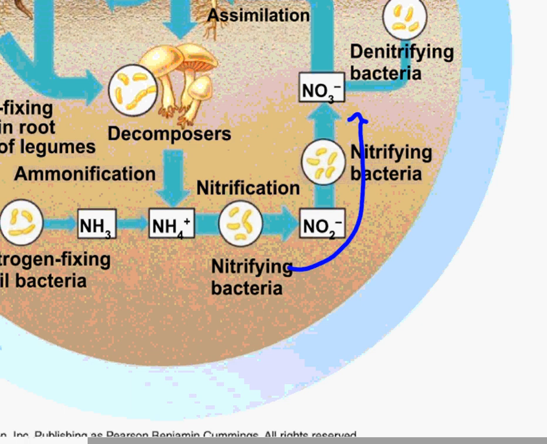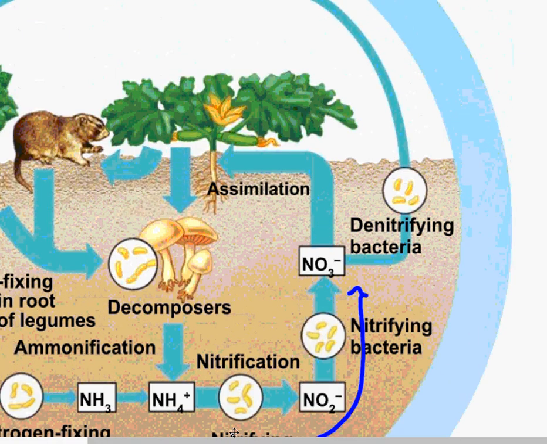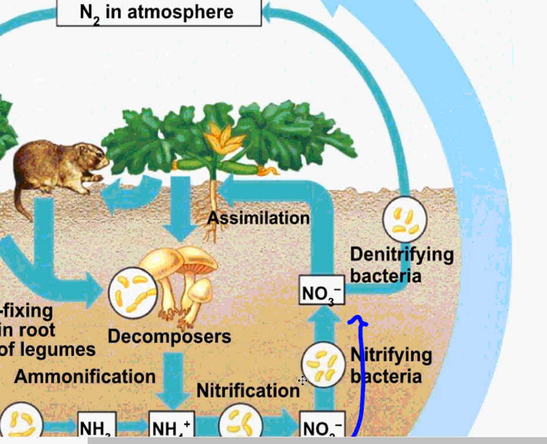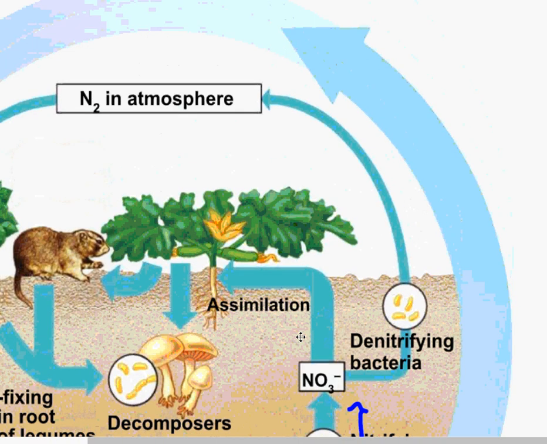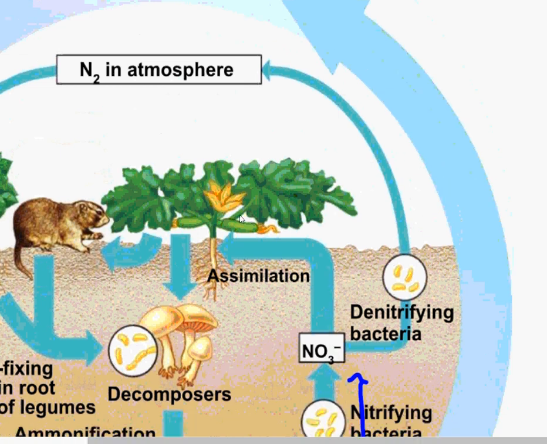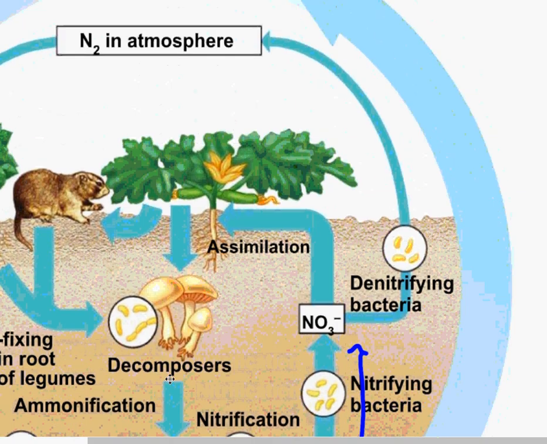Plants can take those ammoniums, they can take those nitrates, they can make stuff out of them. And then there are bacteria that like that nitrate as well. These bacteria are called denitrifying bacteria. And through the process of denitrification, we'll turn that nitrate back into gaseous nitrogen, returning it to the atmosphere. And so this cycle is constantly happening in order to make nitrogen useful.